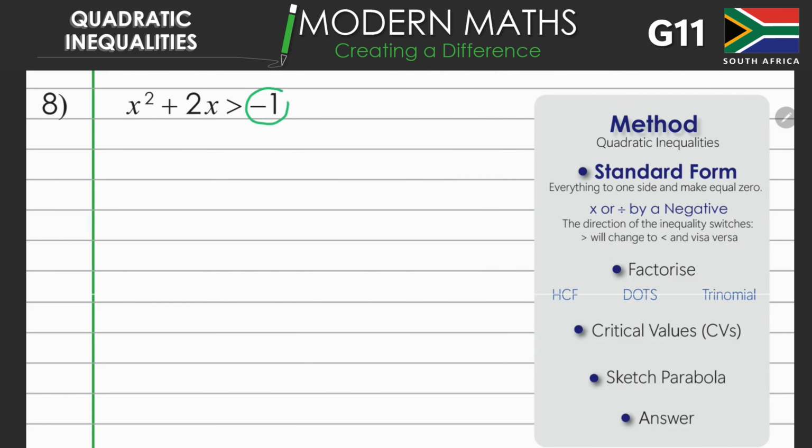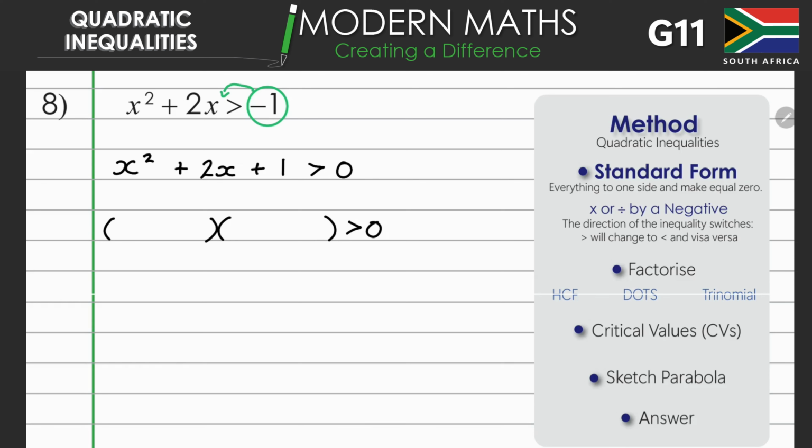Alrighty, welcome to the perfect trinomials, the confusing ones. Okay, stock standard procedure, standard form, boss. Let's get that -1 over. So once we move the -1 over, it's going to turn into +1. And we've got our standard form, so we're on to factorization. So this is indeed a trinomial.